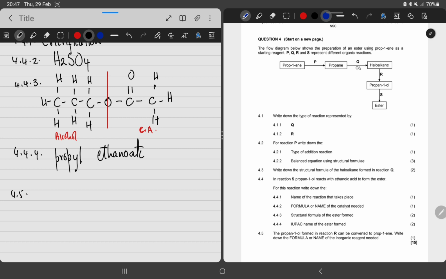4.5. The prop-1-ol formed in reaction R can be converted to prop-1-ene. Write down the formula or the name of the inorganic reagent that is needed. So we are moving from an alcohol into an alkene.